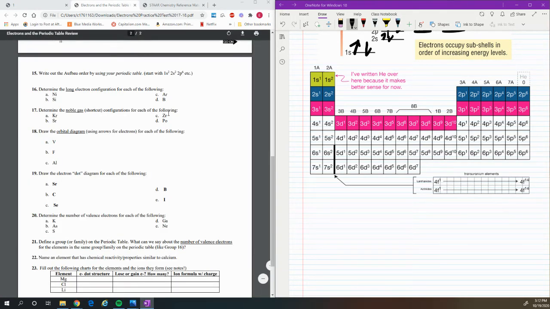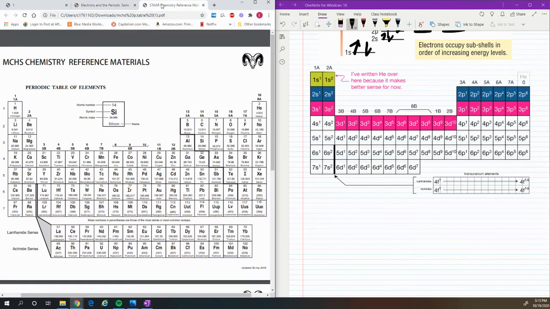We'll do one more. Let's do strontium. Let's do Sr. Sr is all the way over there. So I know that that's 5s2. I'll go all the way to the right, one up, 4p6. That's going to be Kr. So I'll just do Kr.